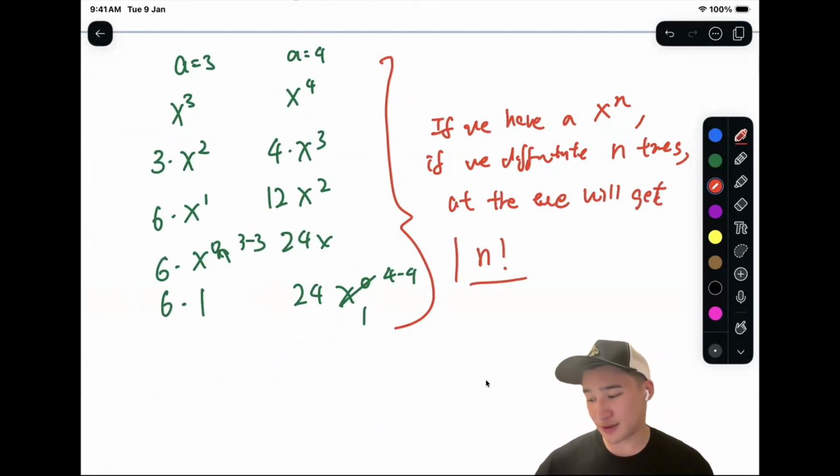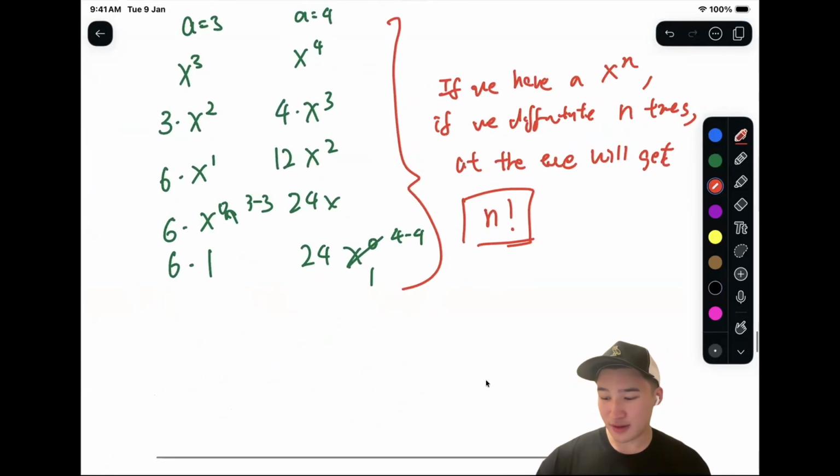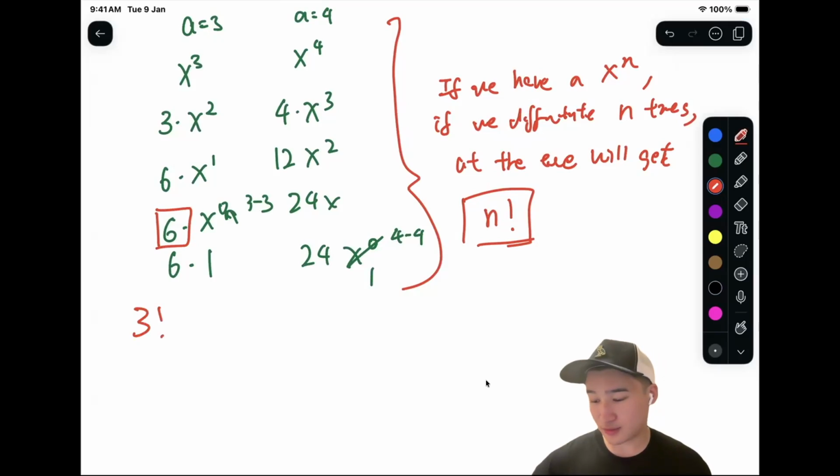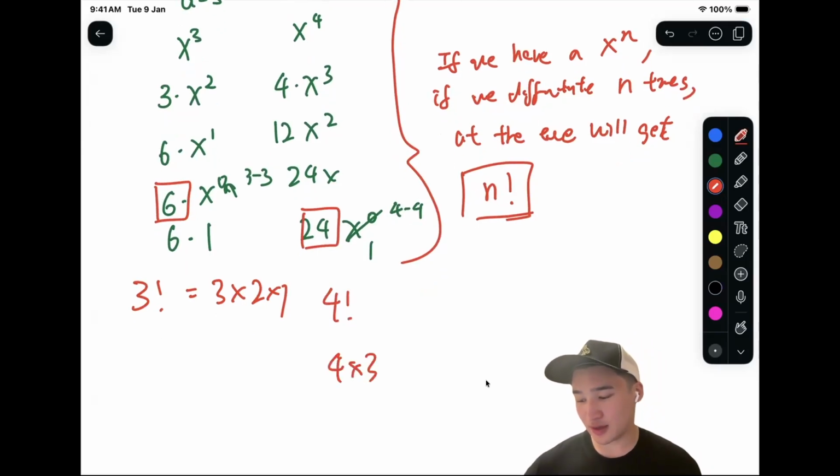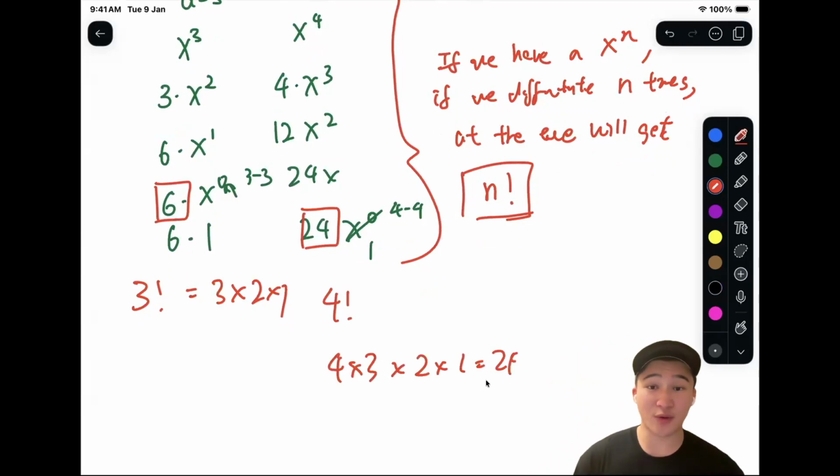So why do you think it is n factorial? So if you look at here, what do we have when x is to the power of 0? We have 6. 6 is basically 3 factorial, because 3 times 2 times 1, okay? And 24 is 4 factorial, right? 4 times 3 times 2 times 1, we get 24. Okay, so we have n factorial.